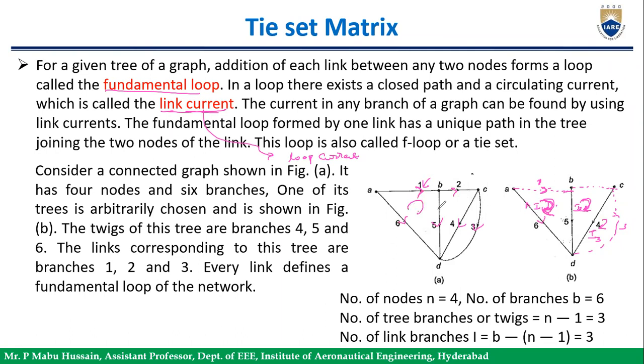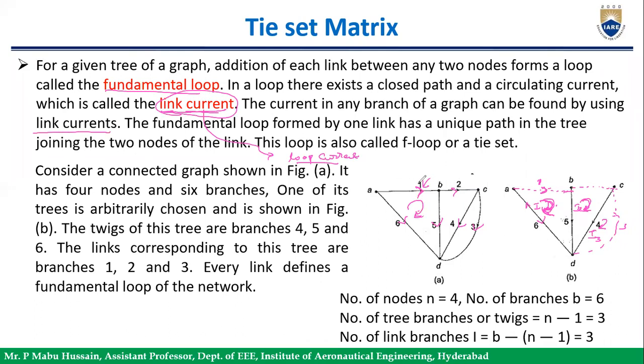Now, after forming a loop, the current flowing inside that loop we call a loop current, or here we are calling that loop current a link current. The current in each branch of the graph can be found by using these link currents only.